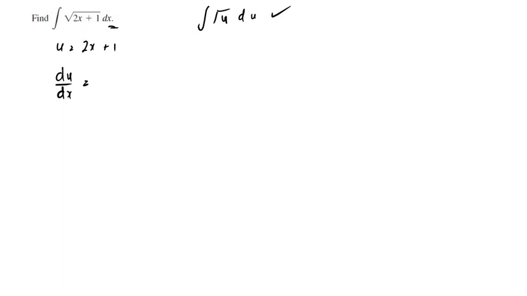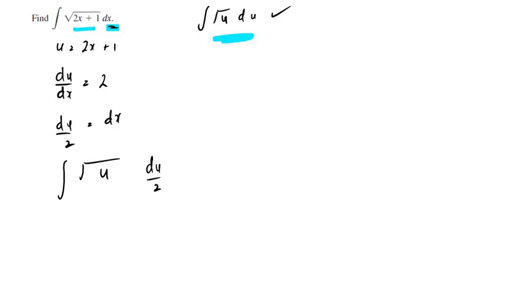So when you do that, we get 2. So we now have dx is equal to du over 2. So now we have a function for this, we have a function for this. So we are getting close to what we want to find here. So let's rewrite this. We'll write the integral of the square root of u, and dx is du over 2.